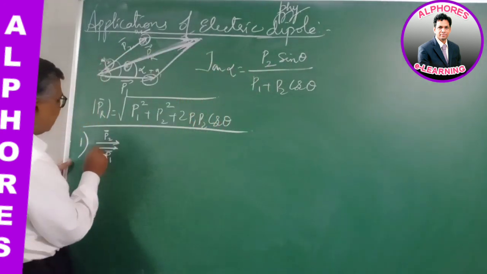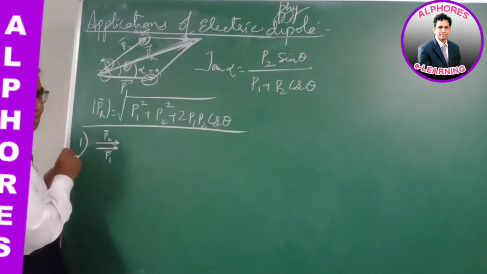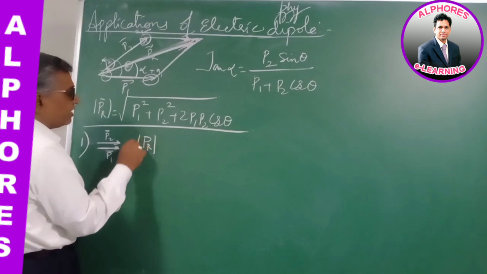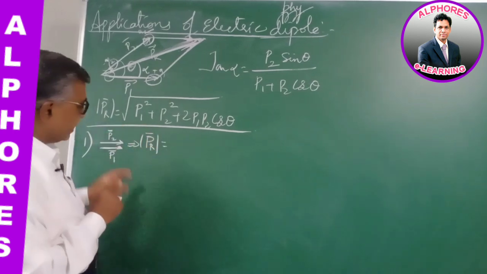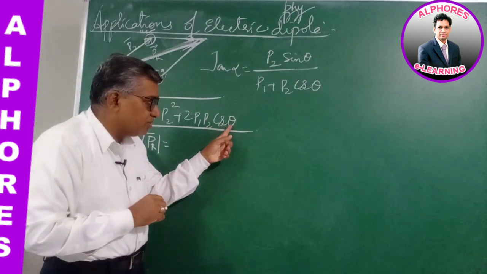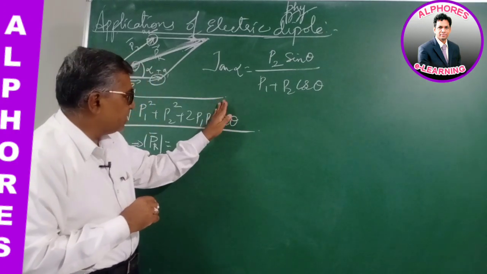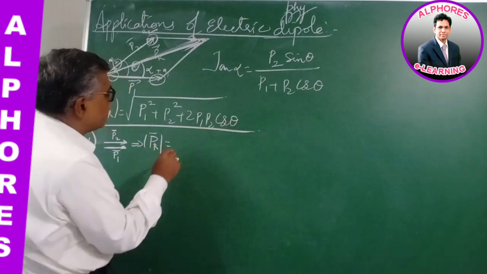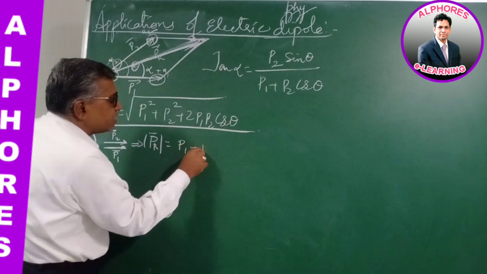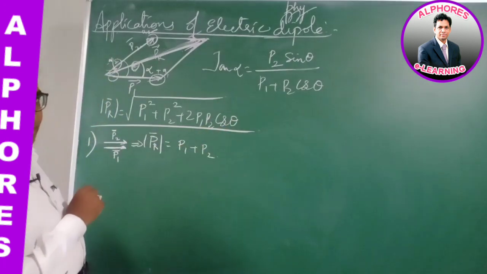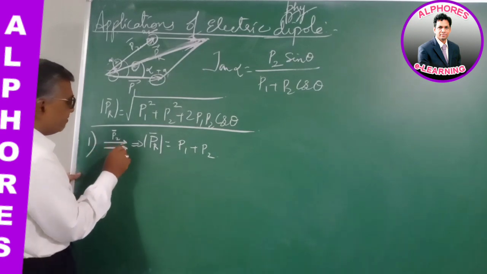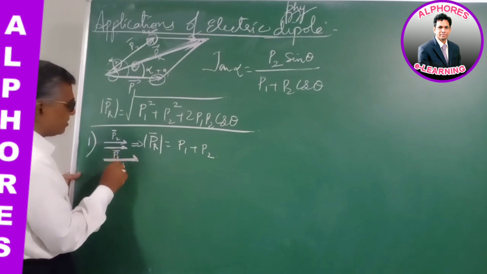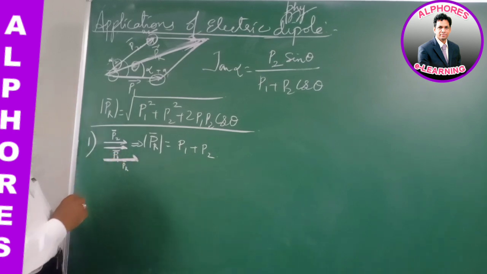Then for the magnitude of the resultant, both are parallel, theta is 0, cos 0 is 1. So it is a square plus b square plus 2ab, which is a plus b. So it's simply P1 plus P2. And the resultant dipole moment also has the same direction like this.